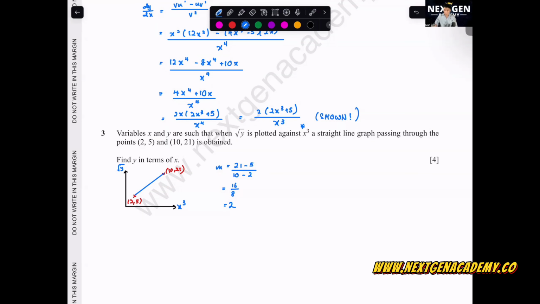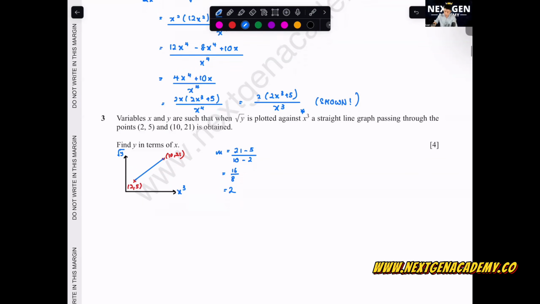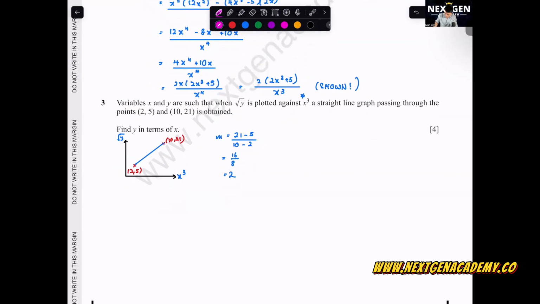Often at this second step, this is where students make a mistake. When you find c, don't go and change it to square root y and x cubed first. So we just substitute. You use this one, (2, 5) and m equals 2, into y equals mx plus c.